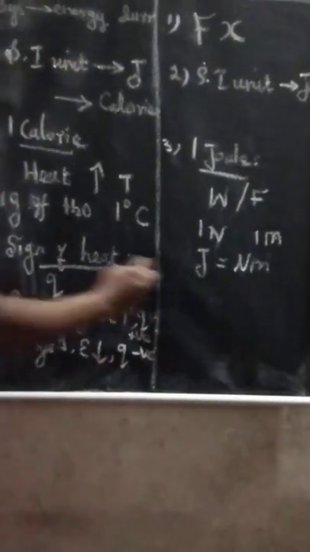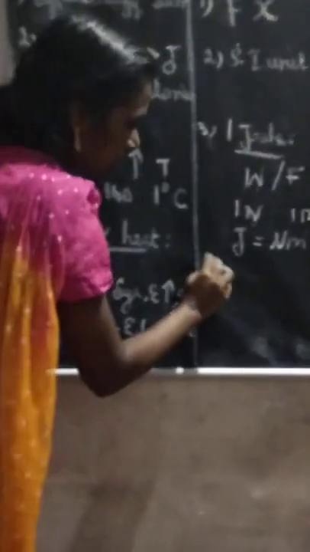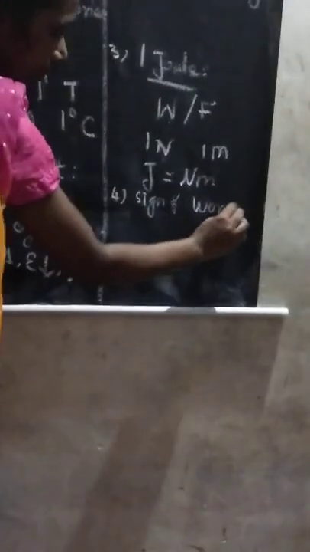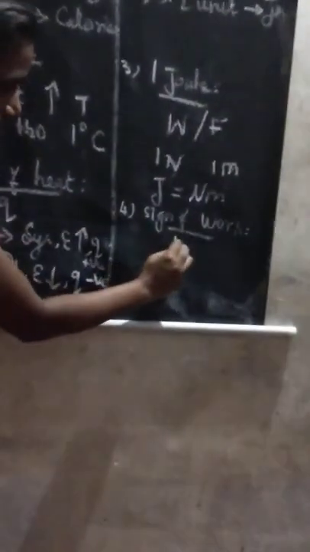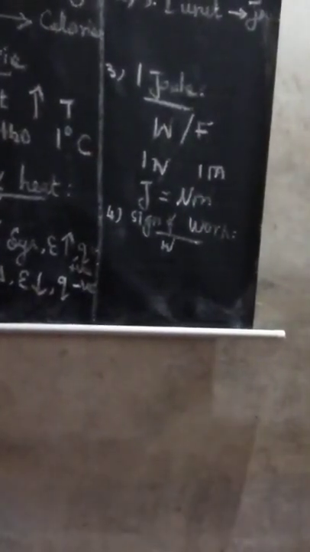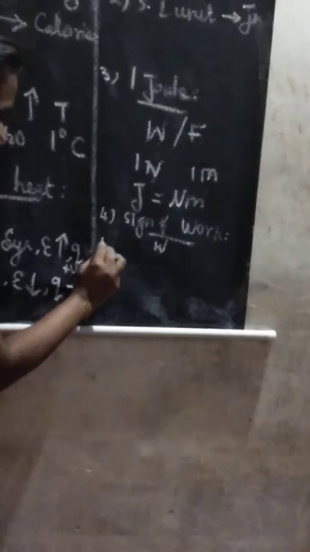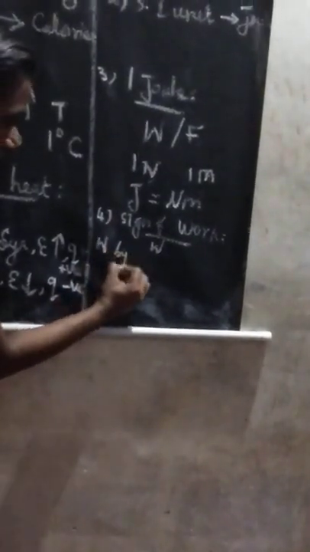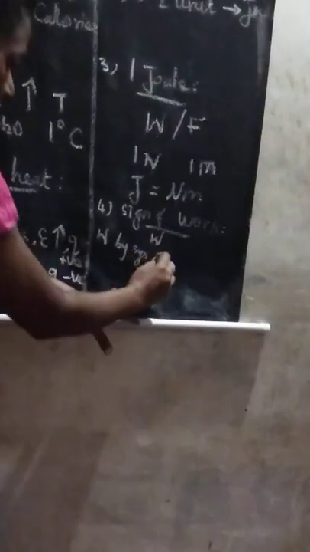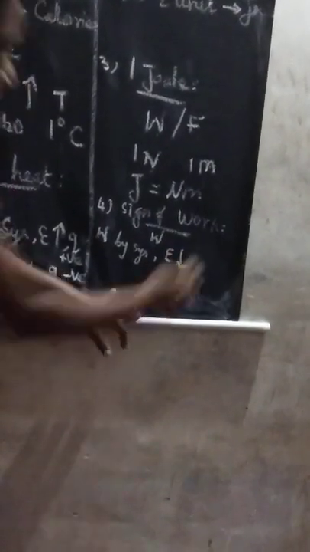Then listen, next topic. Here the fourth point, sign of work. The work symbol is W. If the work is done by the system, the energy of the system decreases.